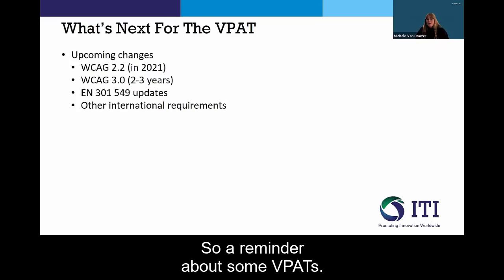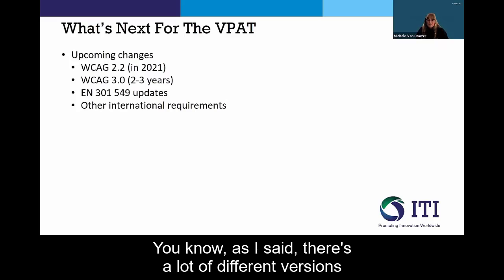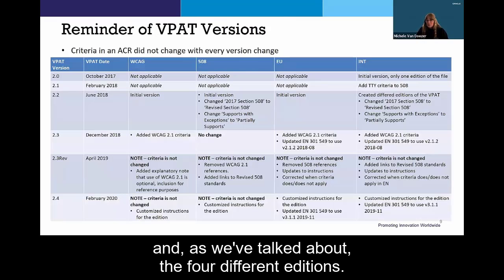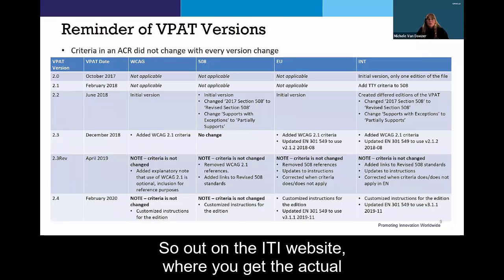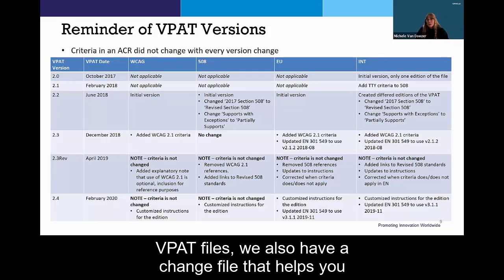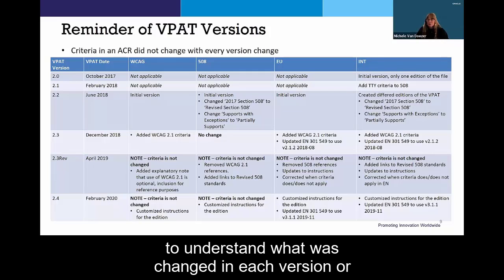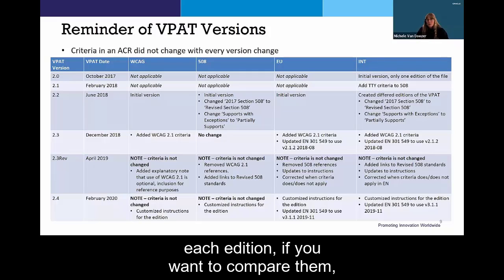So a reminder about some VPATs. As I said, there's a lot of different versions, and as we've talked about, the 4 different editions. Out on the ITI website where you get the actual VPAT files, we also have a change file that helps you to understand what was changed in each version or each edition, if you want to compare them.